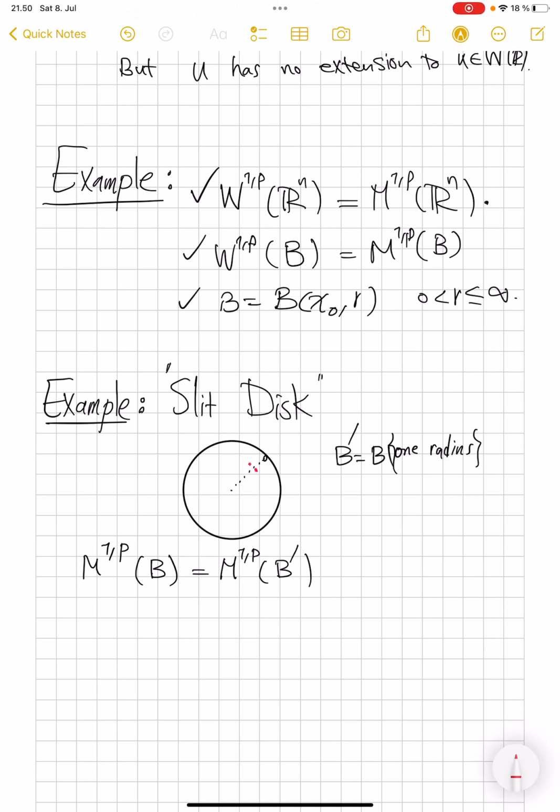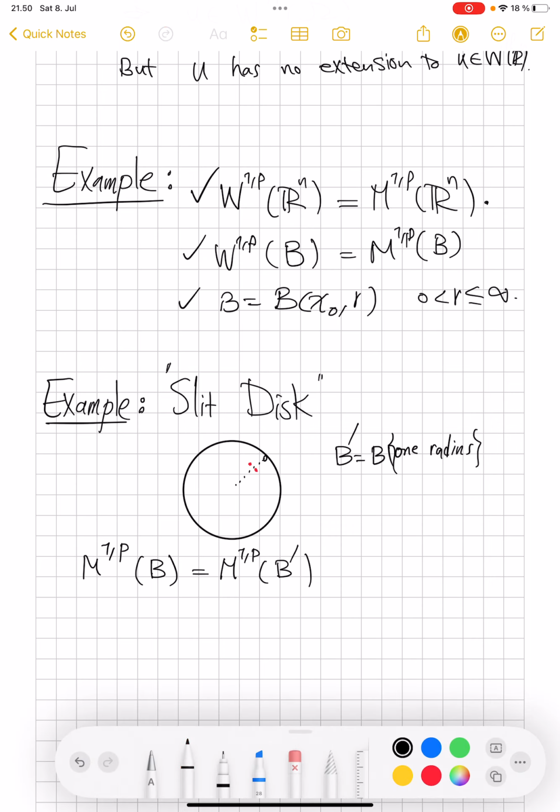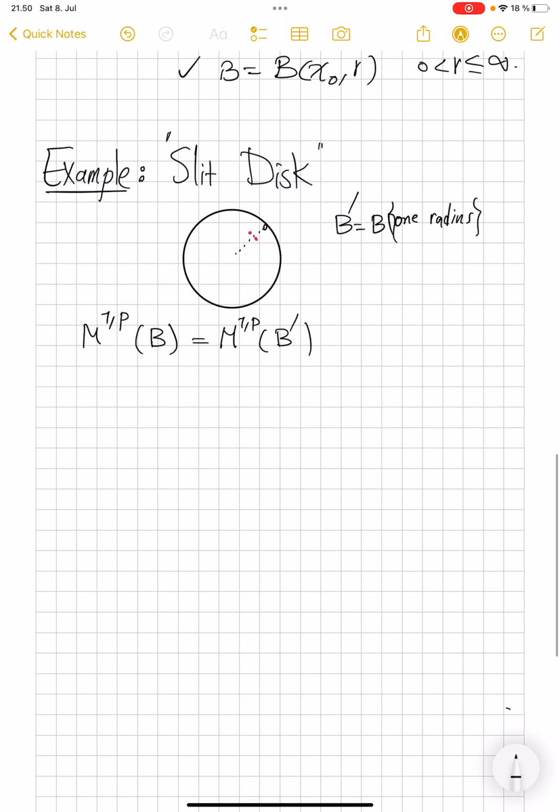The values on this and this side are close because of global, remember Lipschitz is a global condition. So these are similar values on two sides. So you can uniquely define a function: a Lipschitz function that is defined on B prime uniquely extends to a function on the whole of B. From that, maybe I'm wrong, but I believe there is an easy argument why these two spaces are equal.